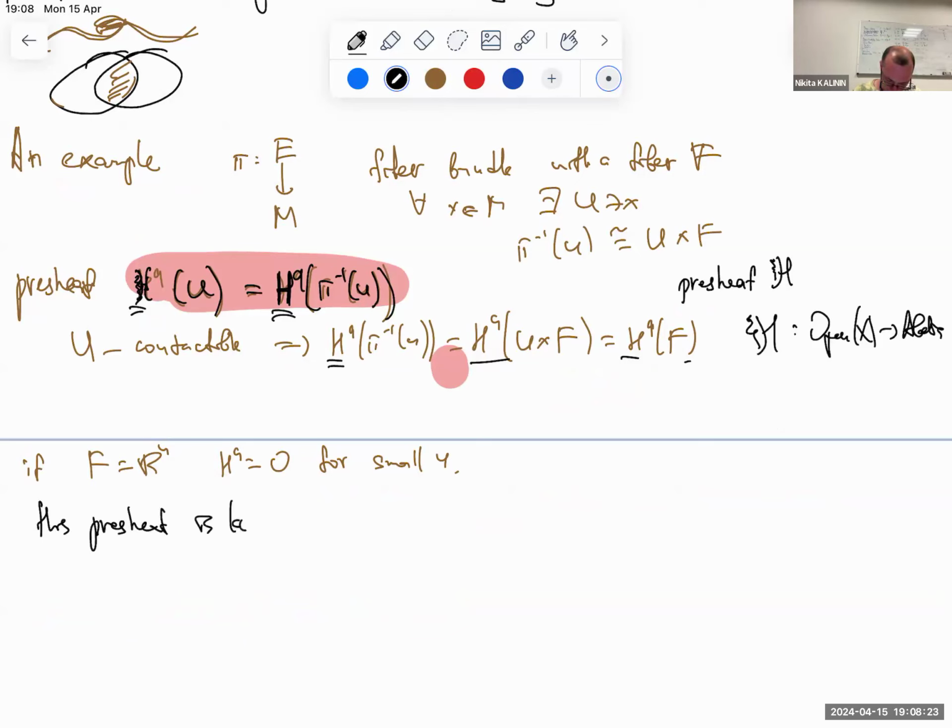It means that for every x, there exists a certain U such that when you restrict this presheaf to U, it is a constant presheaf.